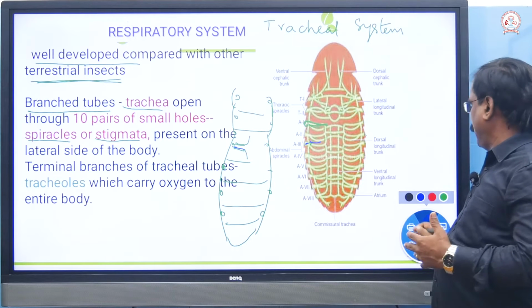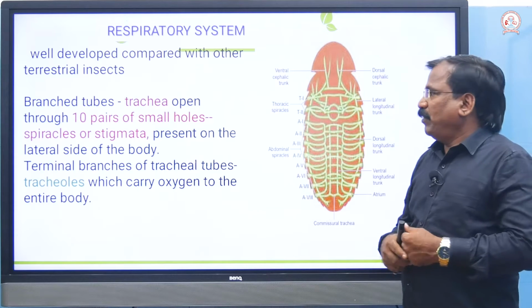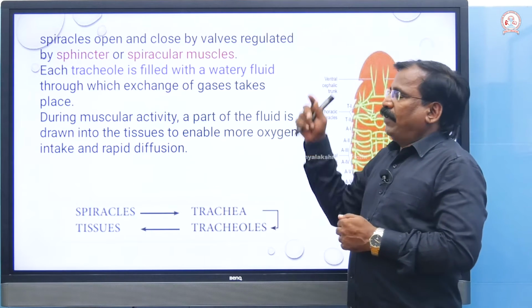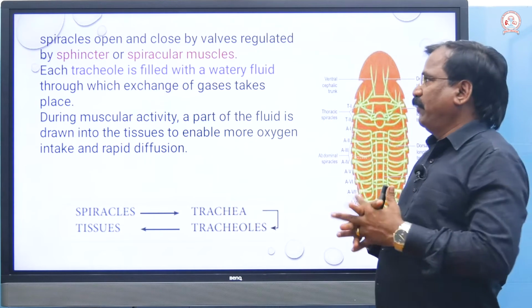Simply, the tracheal system. The highly branched tubules are the key word.